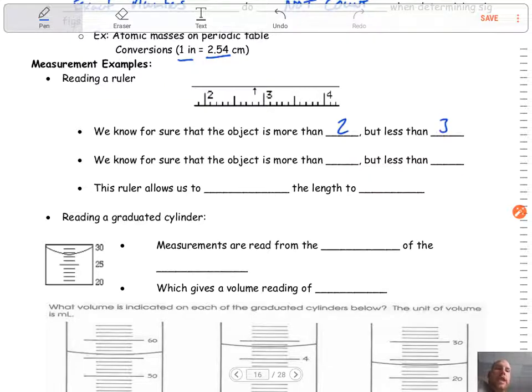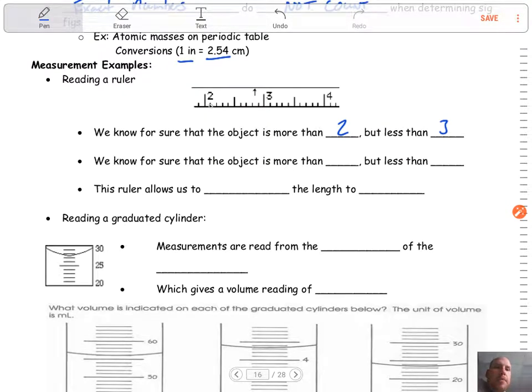Then we can break it down into tenths, whether this is inches or centimeters, that doesn't matter at this point. If you count 1, 2, 3, 4, 5, 6, 7, we know that it's more than the 8th one, but it's also less than 9. So 0.8 and 0.9, in terms of tenths.